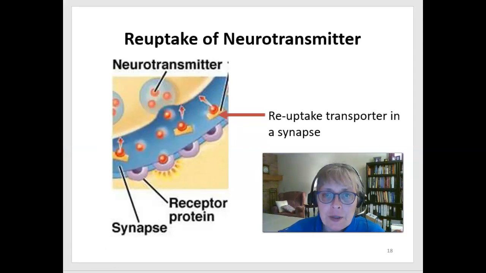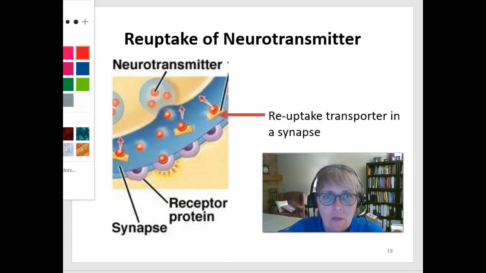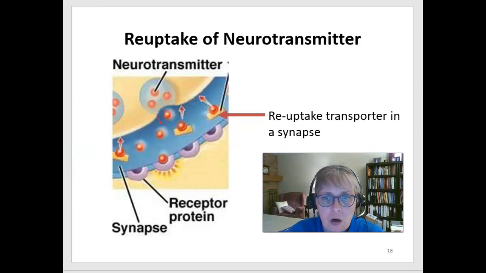So the presynaptic cell releases the neurotransmitter, and there we go. The neurotransmitter is released to the synaptic cleft, and normally it's going to bind to a receptor that's on the postsynaptic cell, which I kind of just outlined.